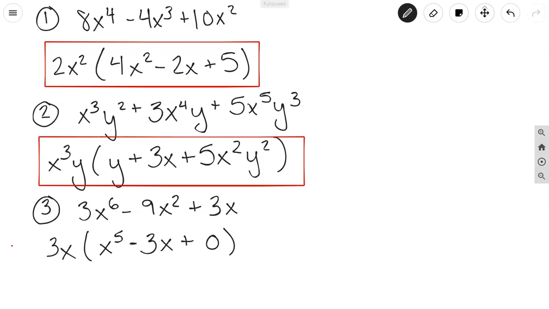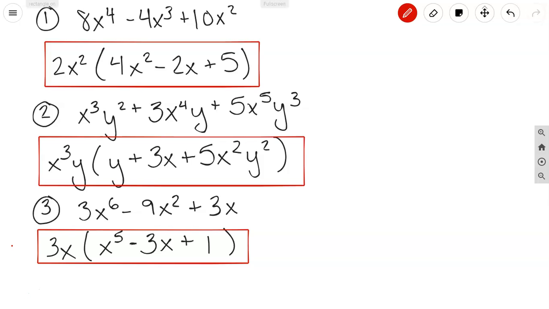If I was to distribute this, I should get this phrase here. So 3x times x^5 is 3x^6. 3x times negative 3x is negative 9x^2. 3x times 0 is 0, not 3x. So what you should write is 1, because 3x divided by 3x is 1. Anything divided by itself is 1.